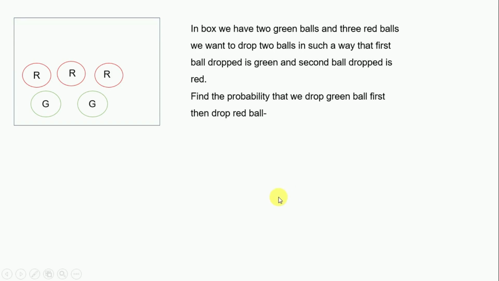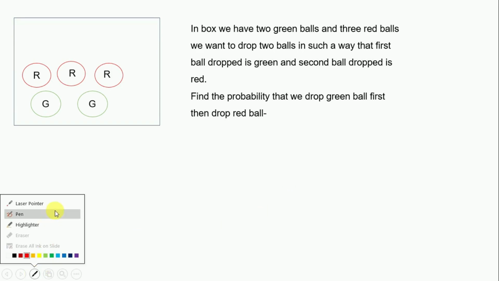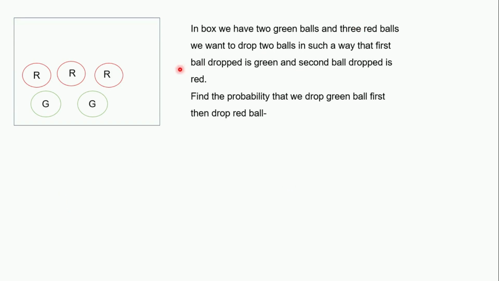Let's take an example. There is a box, and inside this box there are 2 green balls and 3 red balls. We want to drop 2 balls in such a way that the first ball dropped is green and the second ball dropped is red.